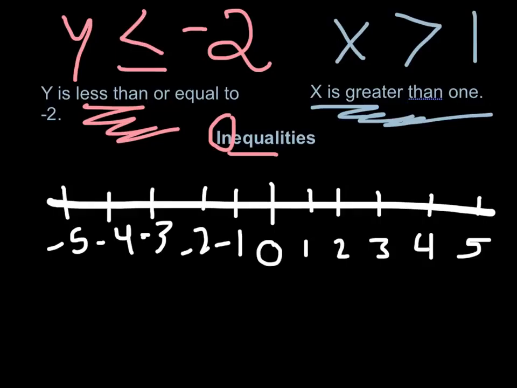Now, if we think about a real-life example of this, you could have $2 of debt. And so your debt, what you owe, is less than -2 or equal to it. So maybe you actually owe less than -2, but it's -2 or less. Think about sea level: 2 feet below sea level.